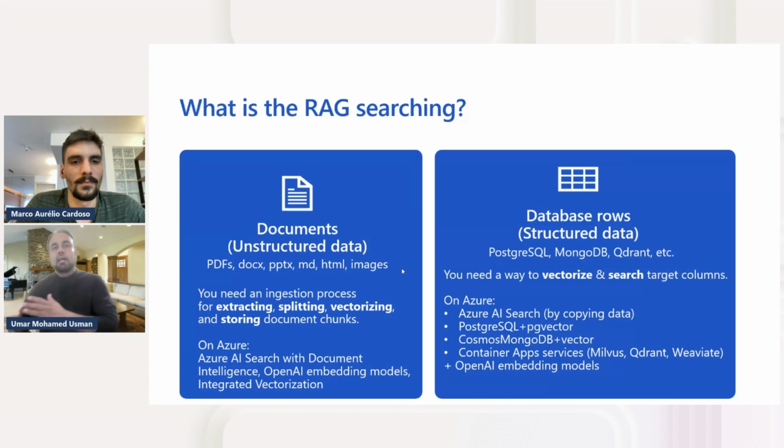On the other hand, we can also do a RAG search on relational data, where your data is already stored in SQL DB, PostgreSQL, MongoDB, and all of that. We will look shortly at how you do RAG on documents, unstructured data. Then Marco will be presenting how you use an Azure OpenAI assistant to perform RAG on the relational data.